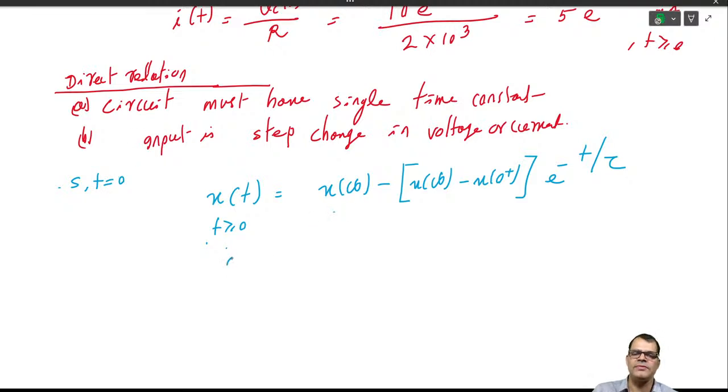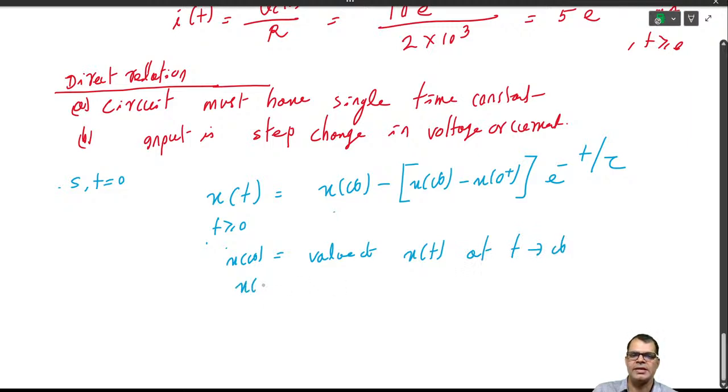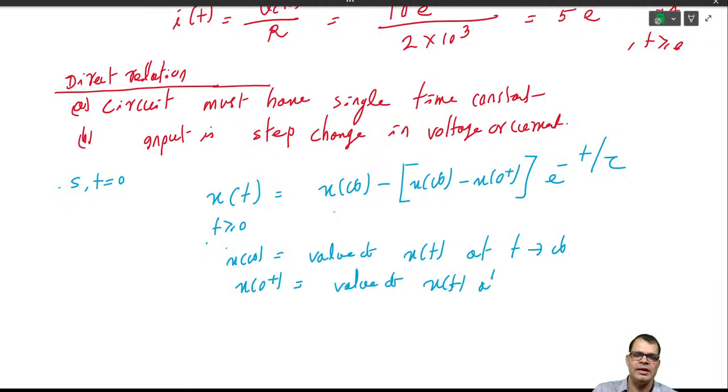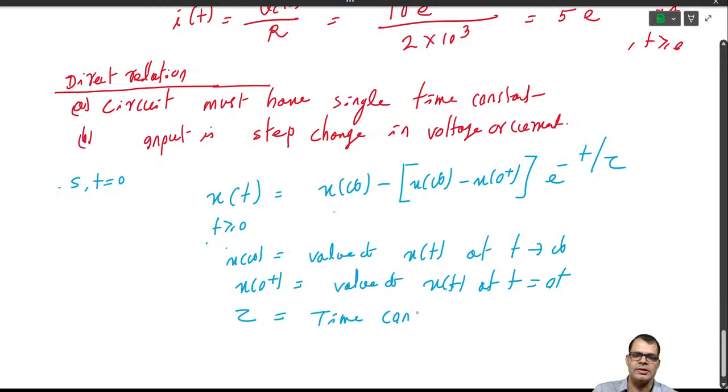So x of infinity is the value of x of t at t tends to infinity. x of 0 plus is the value of x of t at t equal to 0 plus. Tau is the time constant.